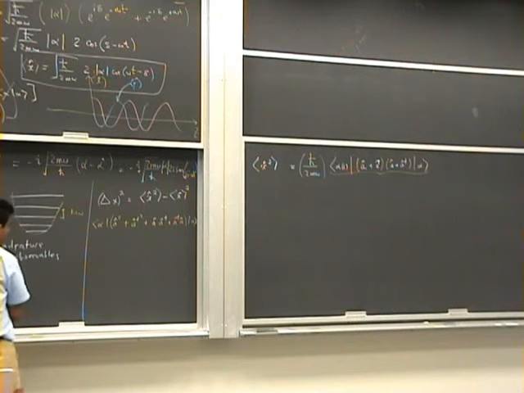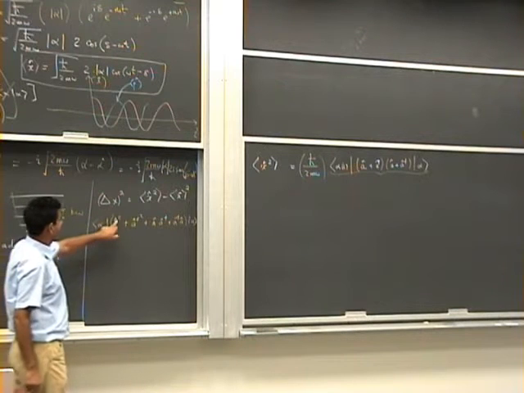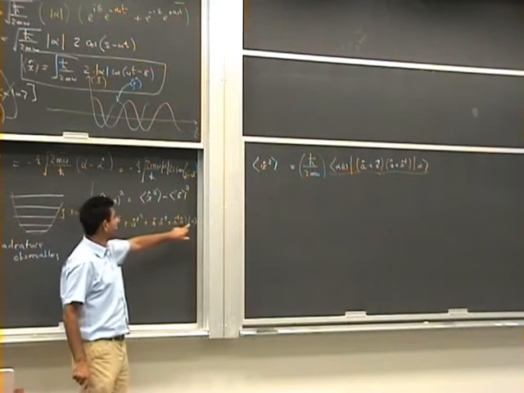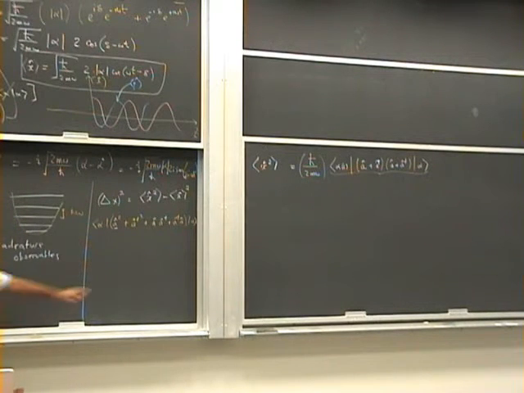Now let's look at the first term. When the operator A acts on alpha, this alpha is an eigenstate of the lowering operator A. I get alpha.